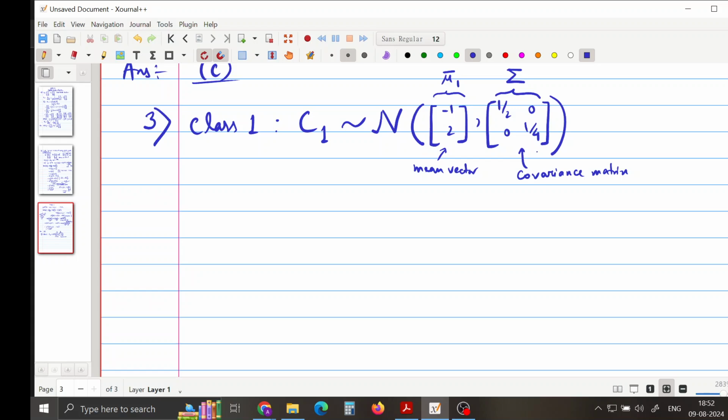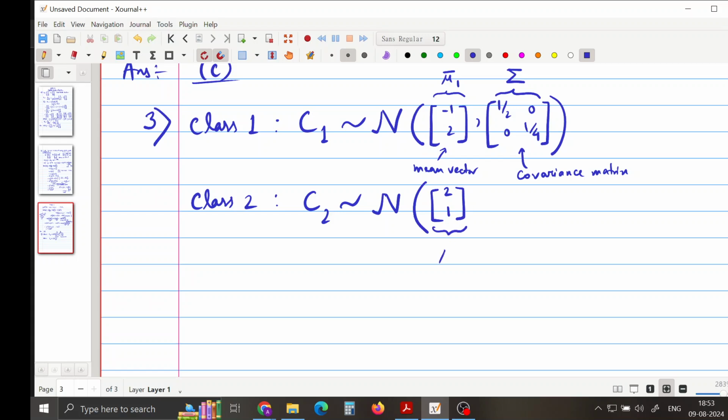So you see that in this case also the diagonal elements are non-zero and the off diagonal elements are 0. So off diagonal elements 0 means uncorrelated things, I mean the expectation of xi xj for i not equals to j is 0. Okay, and similarly you have the second class, class 2, which has not the same but similar, with this mean vector.